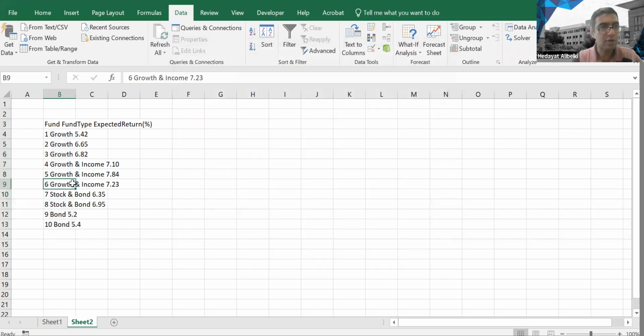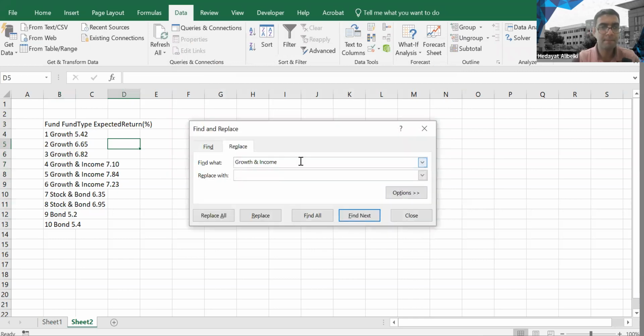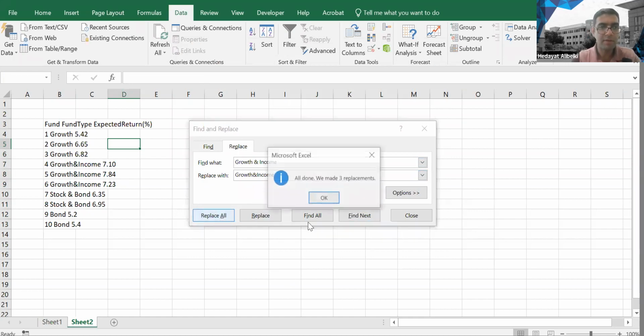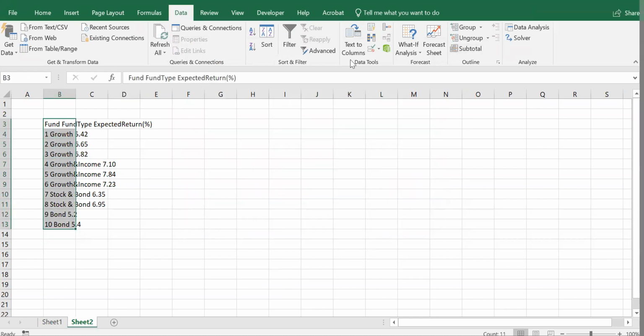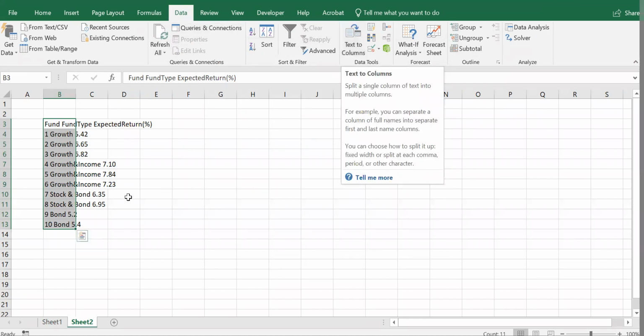Let's go back here. Gross and income, let's just convert it. Gross and income. Replace all. Okay, close. You can actually type, guys. I think you have to do it for stock and bond as well, stock and bonds too.